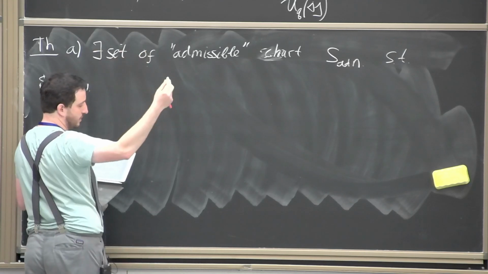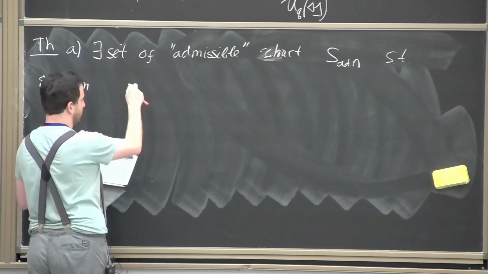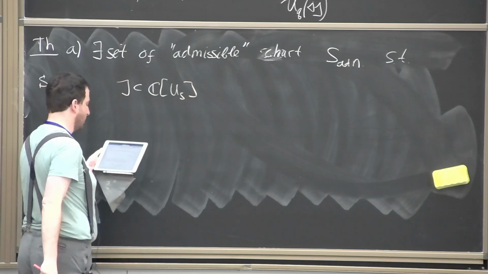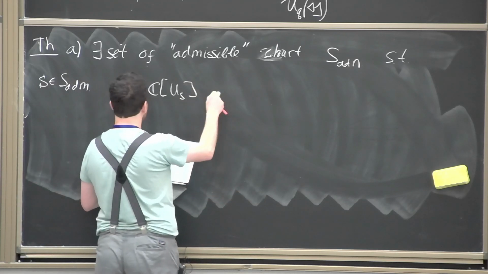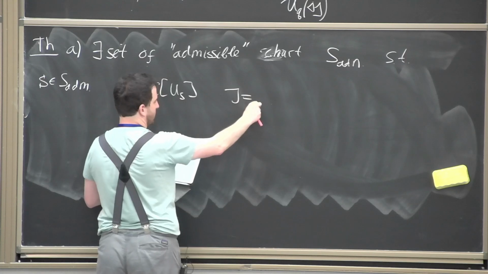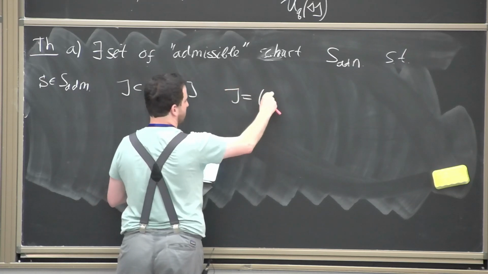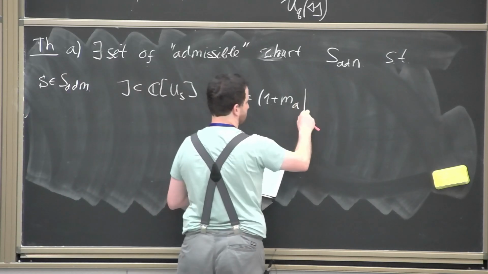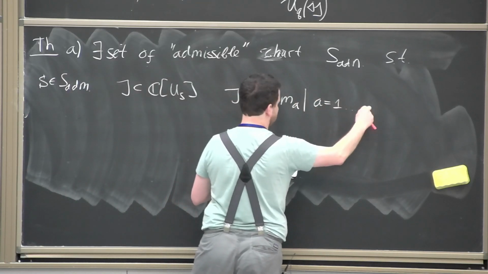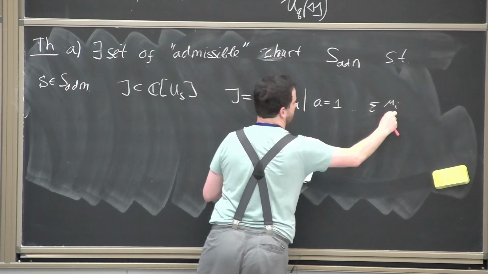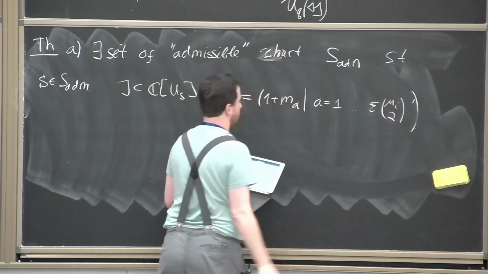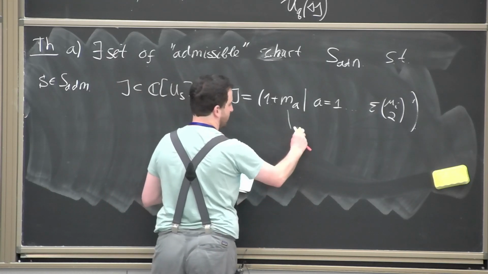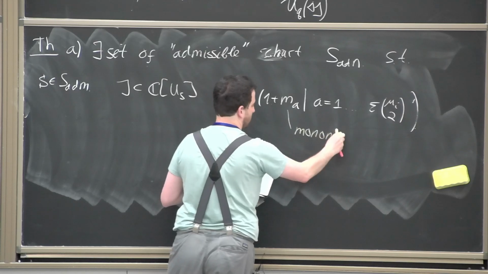the subvariety, our special subvariety, so the ideal I inside the algebra of functions for S, is determined by binomials of the form 1 plus monomial M_i, where i runs from 1 to some number, and M_i is a monomial.